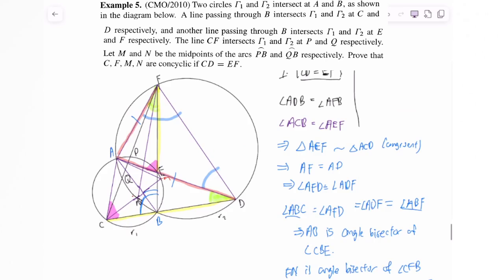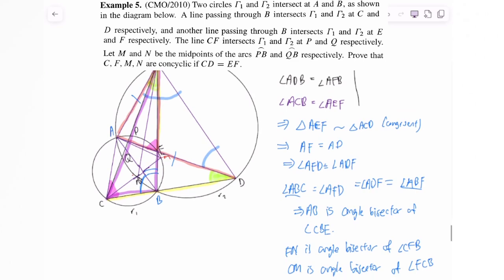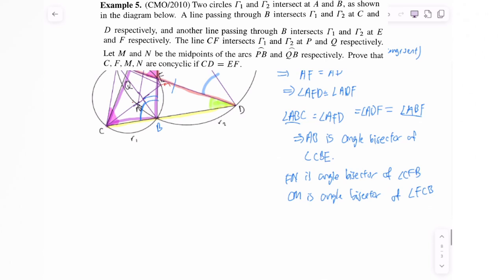So now I want you to switch your focus to this. Do we have any more colors? Okay, I'll use the purple one. To this triangle CFB, and you realize that you have 3 angle bisectors, 1, 2, 3 of its 3 angles.